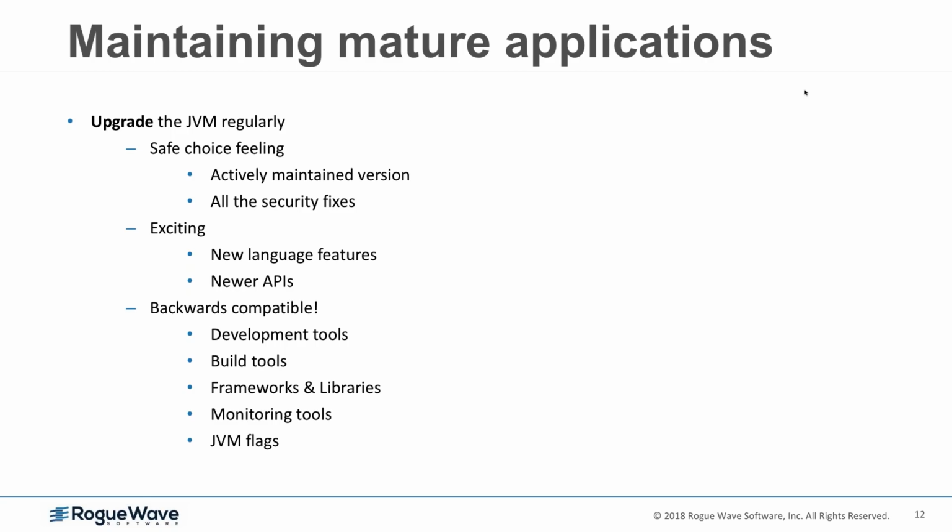and not go crazy. And I think the same is true with build tools. You need to make sure that your build tools are up to date and they work with the latest version. The same is for frameworks and libraries. Even your monitoring tools: when a new Java version hits the streets, it doesn't mean that your APM, your profiler, whatnot works with the new version.